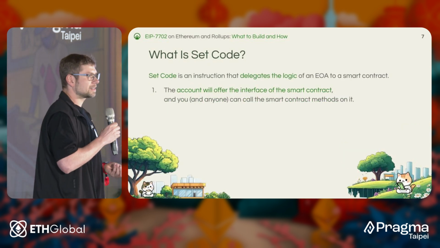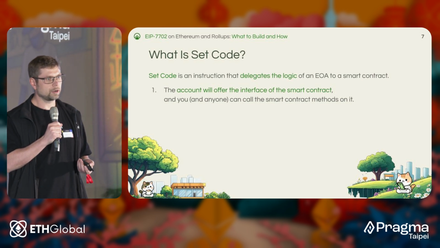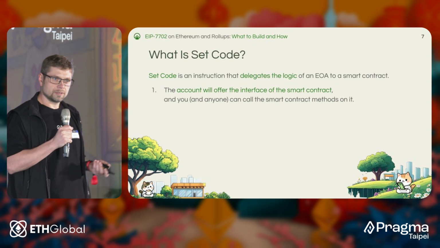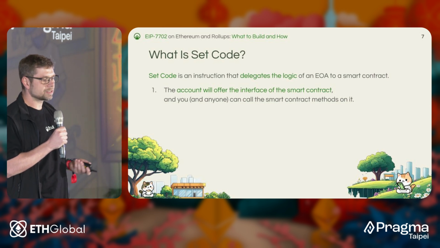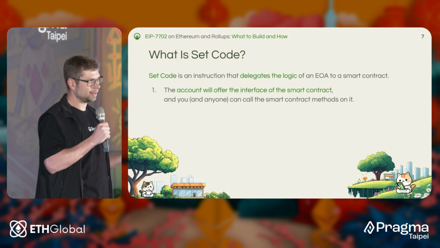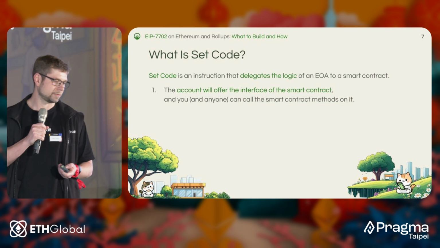Set code is a special instruction that delegates the logic of your externally owned account to some smart contract, okay? So your account will essentially become this smart contract. It will start offering the interface to you and anybody else on the internet, and they will be able to call those methods and functions on that account, okay?